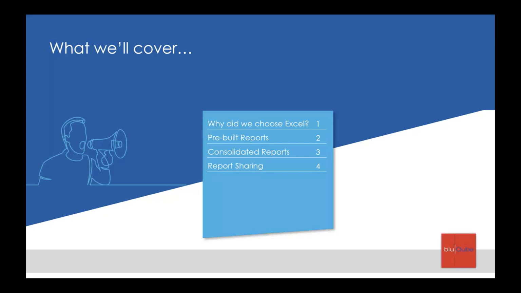We'll talk through how Report Pro can help you with consolidated reports, and then something that came out of questions from our first webinar in August when we launched this tool, around how we can make use of the user parameters through bluQube in sharing reports, and Ken will go into some more detail on that.